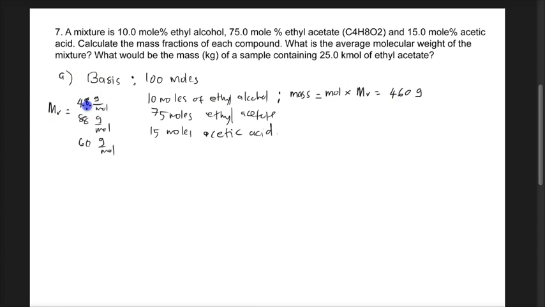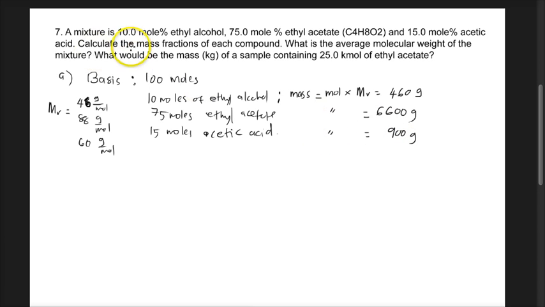So it's not 48, it's 46 grams per mole, yeah. And next one is for ethyl acetate. So 75 moles times 88 grams per mole, we will get 6,600 grams. And the last one is acetic acid, which is 15 times 60. We'll get 900 grams.